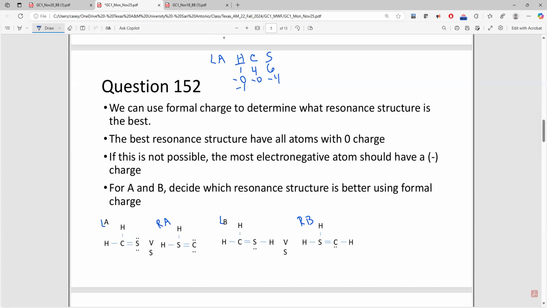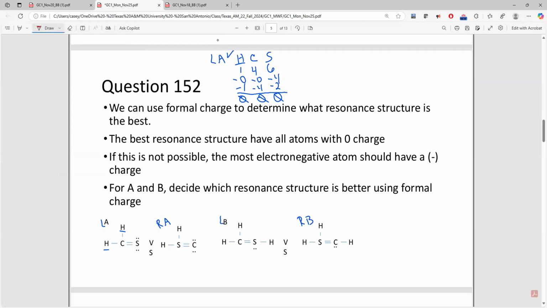And remember, these are individual hydrogens, but they're the same here, so I'm only doing 1. Minus 4 bonds for carbon, minus 2 bonds for sulfur. So our scores are 0, 0, and 0. So left A is probably going to win, but we could have the same scores.